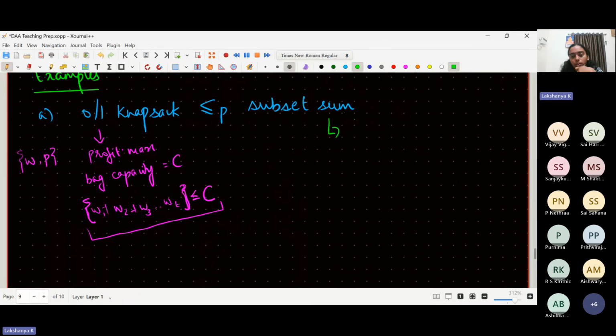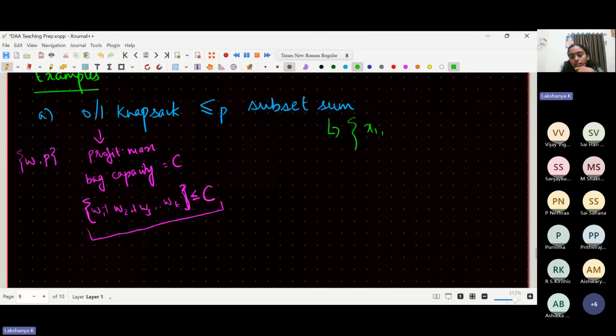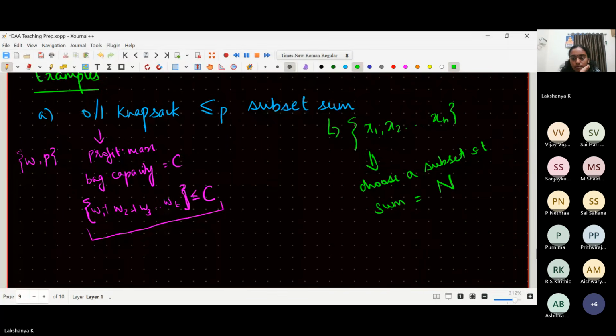Okay, so you have basically a set of elements x1, x2 up to xn. You have to choose a subset such that the sum of the elements of the subset is equal to some given number n. So that is the subset sum problem.